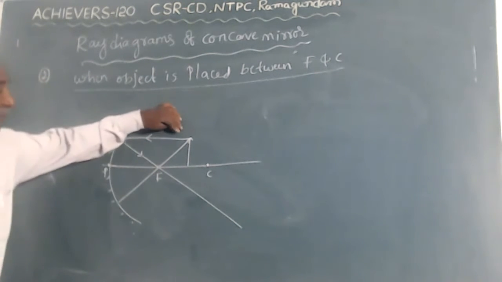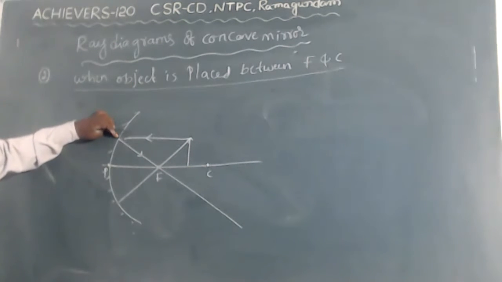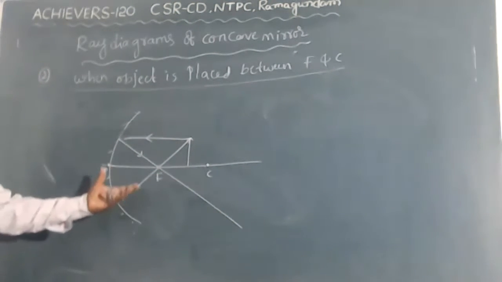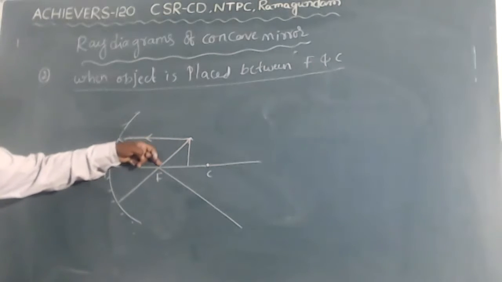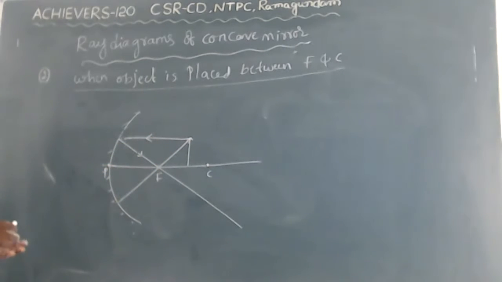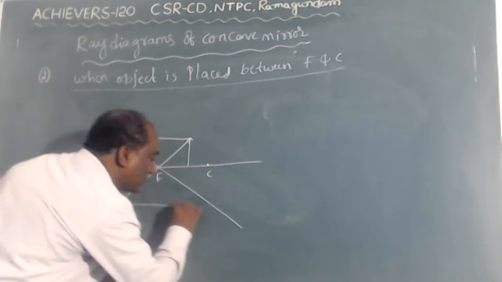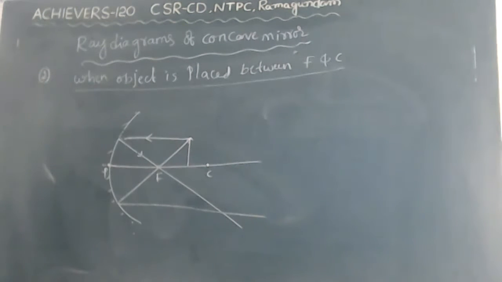R1, the parallel ray, when it strikes the curved surface, is reflected through the focus. And R2, when the incident ray passes through the focus, then it gets reflected. The reflected ray is parallel to the principal axis.